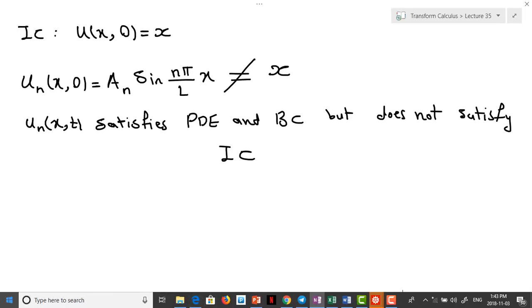Based on superposition principle, if un of x and t satisfies PDE and boundary condition, summation, linear combination of un should satisfy as well.